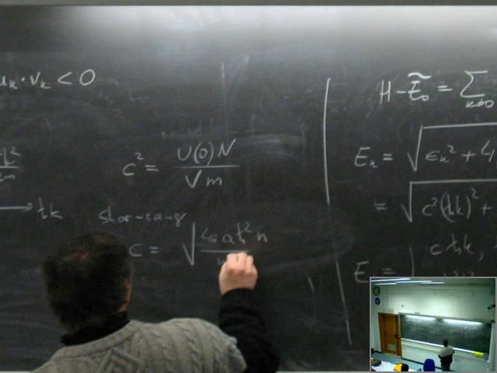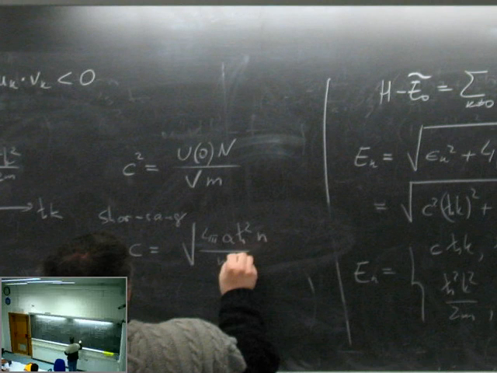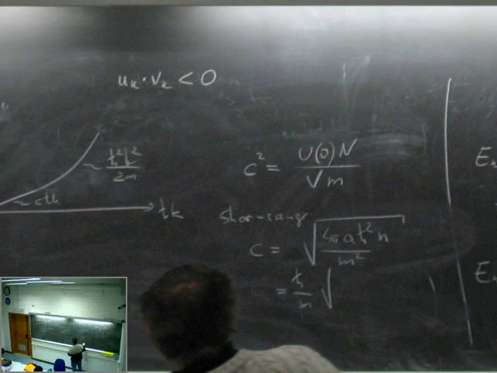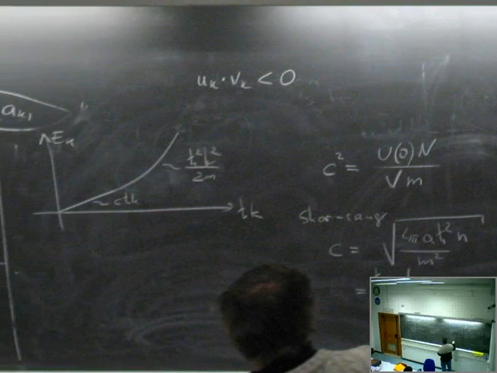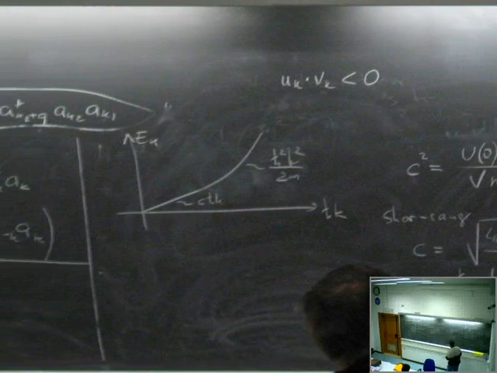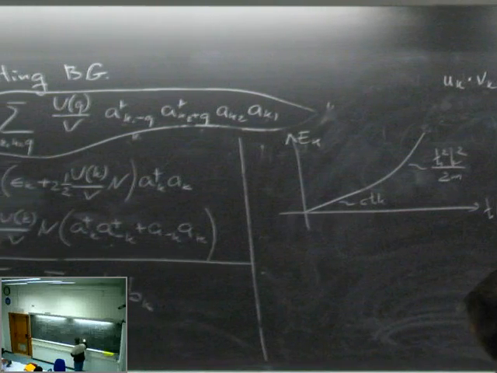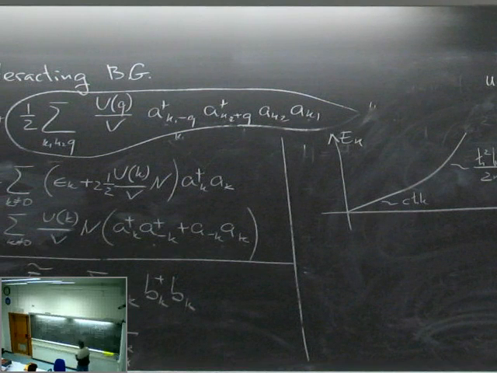So this is equal to h over m times square root of n a, but I would like to multiply by a square and divide by a square.